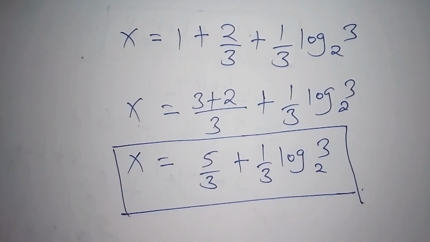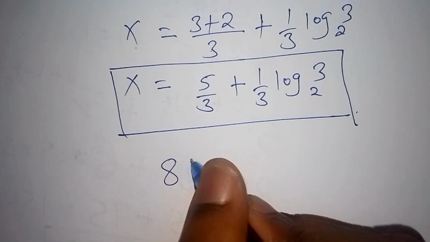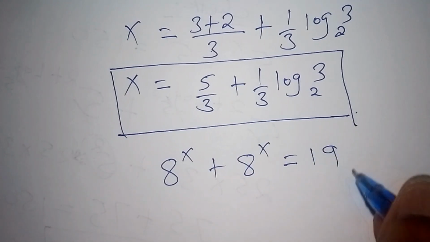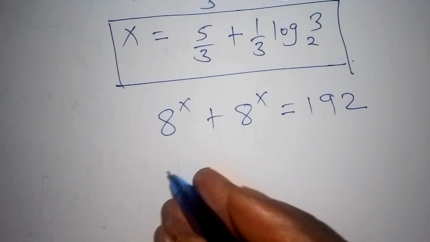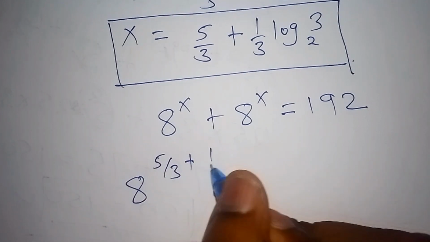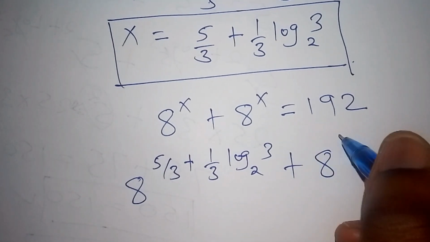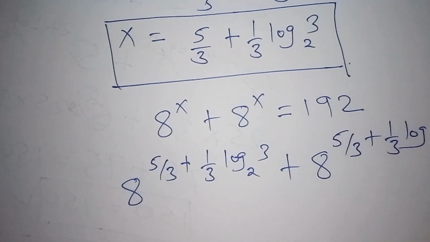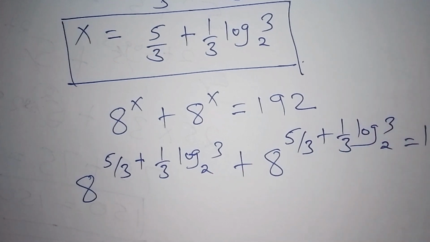So we can confirm this equation by saying that our equation was 8 to the power of x plus 8 to the power of x is equal to 192. So you can confirm this by saying 8 to the power of 5 over 3 plus a third log 3 to base 2, then plus 8 to the power of 5 over 3 plus a third the log of 3 to base 2 is equal to 192.